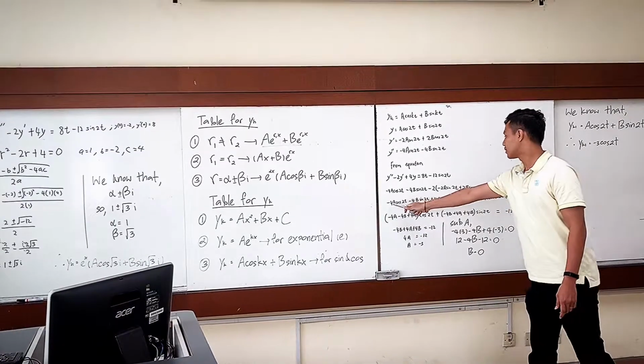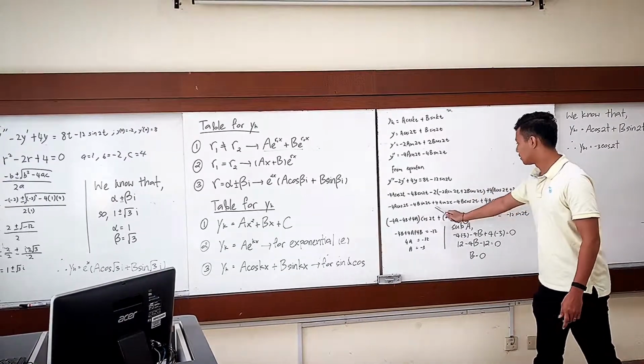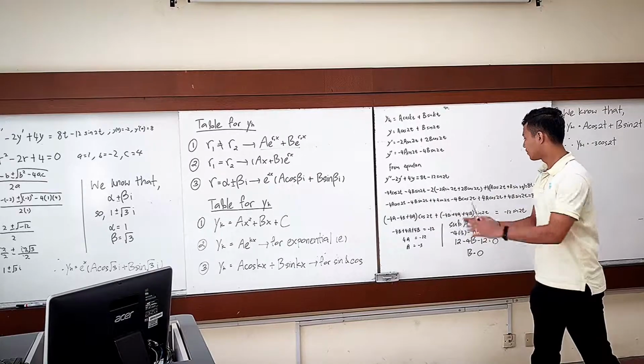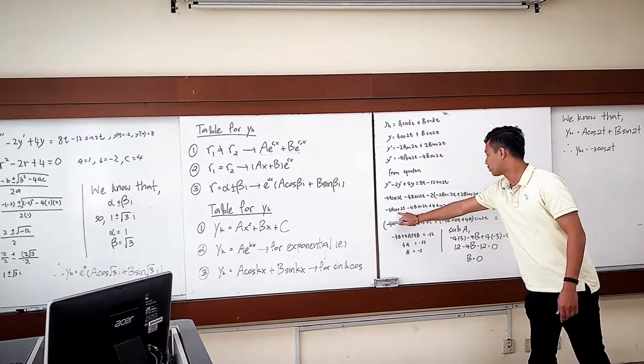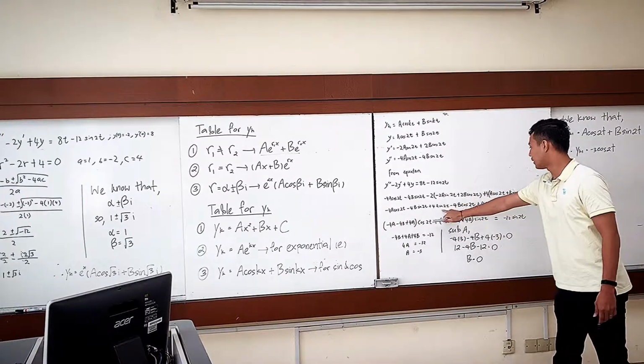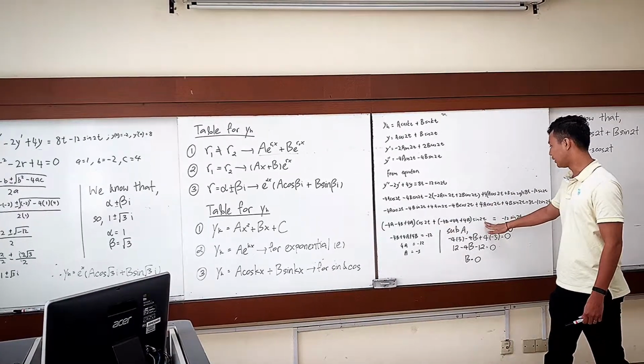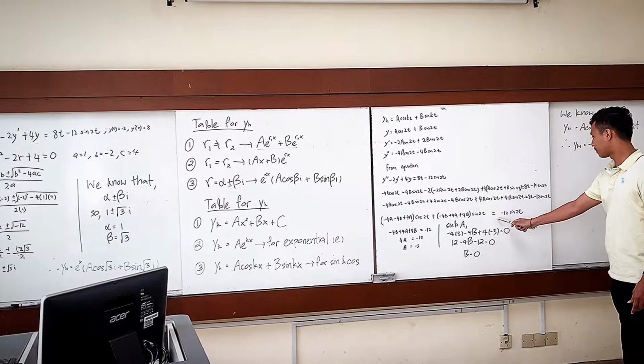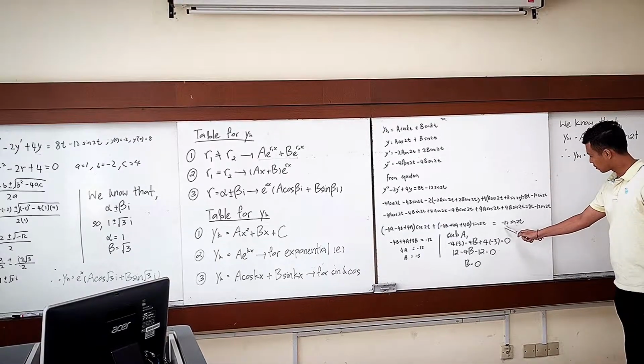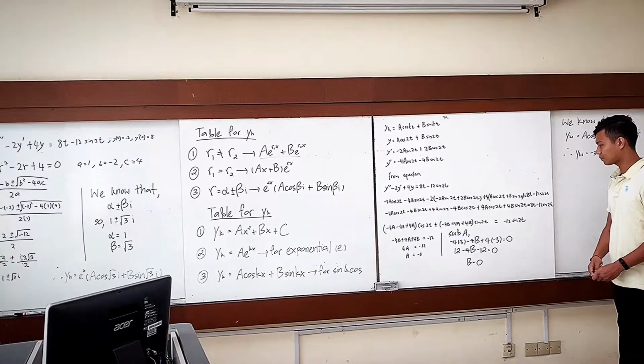So we substitute, then we split into 2, because we have cos 2t and sine 2t, equal to negative 12 sine 2t.